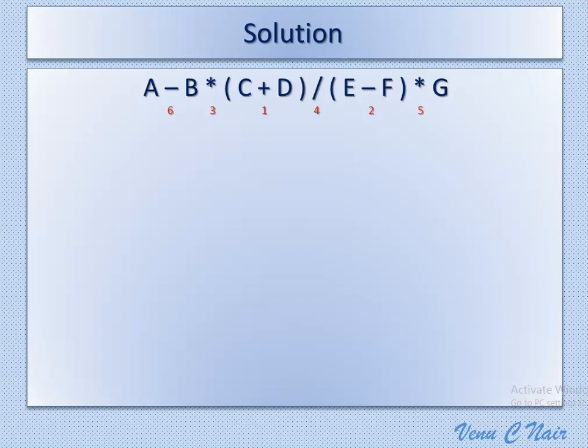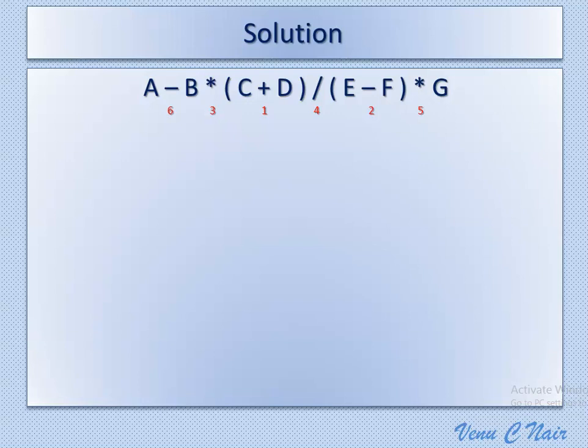So we can get the solution in 6 steps. Under each step, we will be performing only one operation. So we cannot perform multiple operations in a single step. We will be doing it one by one.